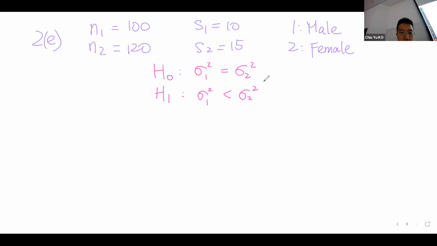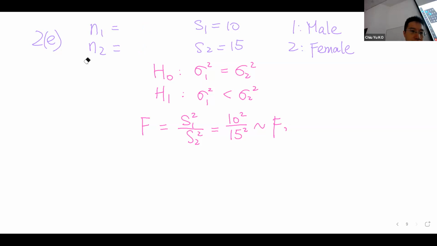And the F test is S1 squared over S2 squared, so basically it's 10 squared over 15 squared. Oh, sorry, N is not 100. I forgot. Let me get back.